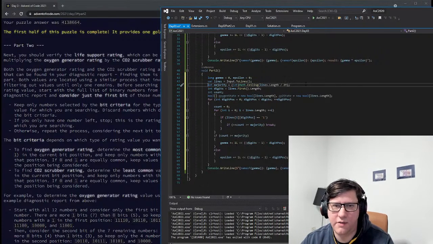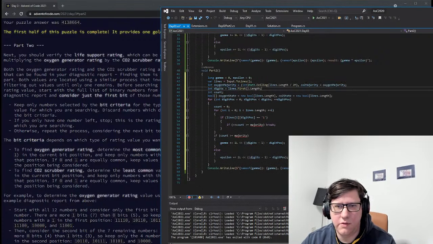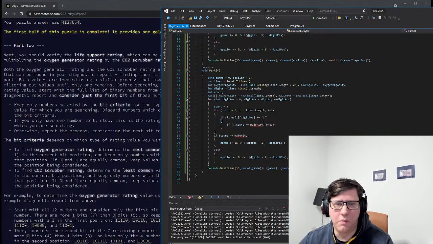Lots more stuff to it than I thought at first. So we do oxygen majority, and we do CO2 majority is oxygen. Oxygen majority for now, but this will change as we remove some of them.